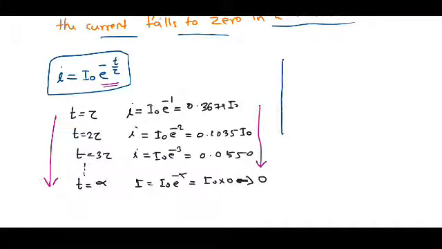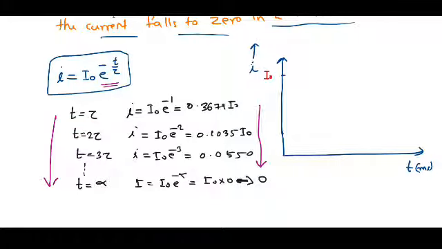Here we have to plot x and y. On the x-axis we have time t in milliseconds. On the y-axis we have the current, where the maximum value of the current is I0. Then the points on the axis are 1 tau, 2 tau, 3 tau, 4 tau, and so on.